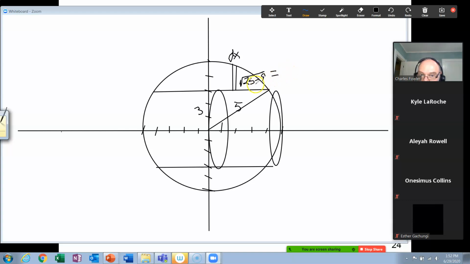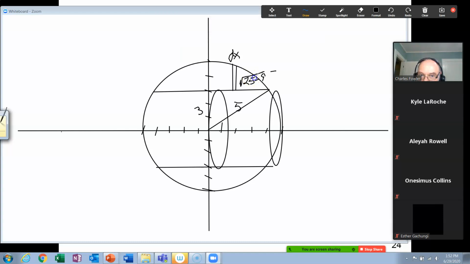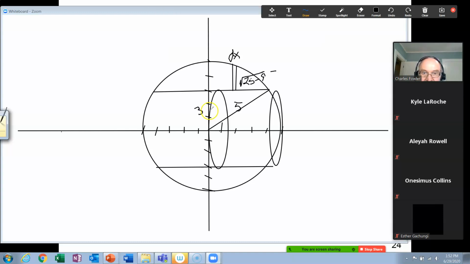What is that? Oh, I know what I'm doing, I'm hitting it with my hand. This is equal to 25 minus 9 is 16, square root of 16.